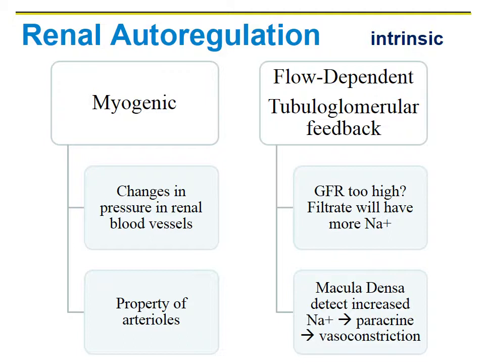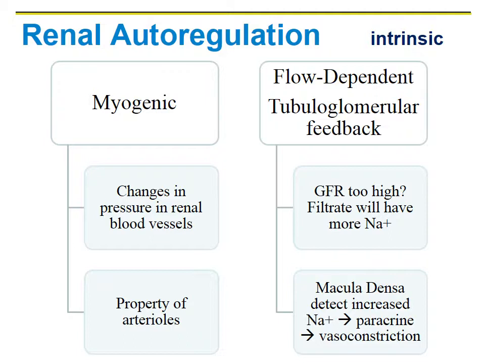Flow-dependent tubuloglomerular feedback. Another way to correct a glomerular filtration rate that's too high. When the GFR is too high, too much fluid is moving through the tubule. Since it's moving so fast, there's not enough opportunity to reabsorb useful things like sodium.